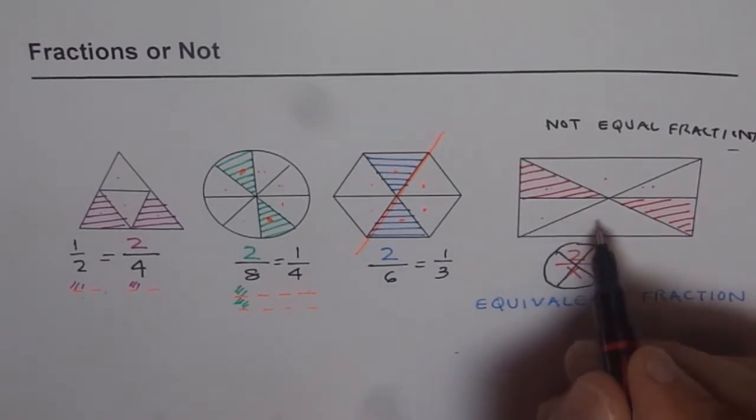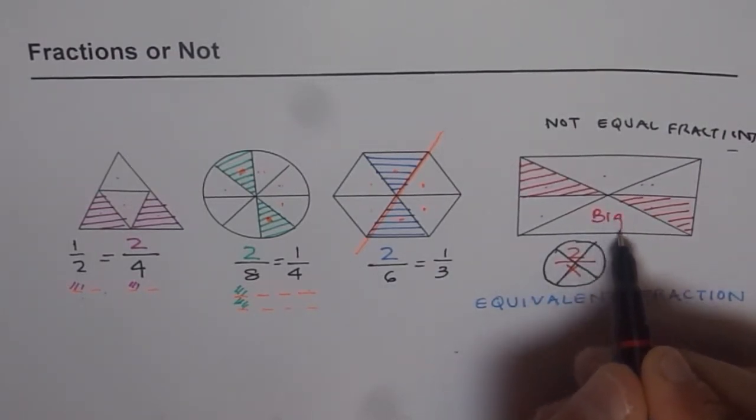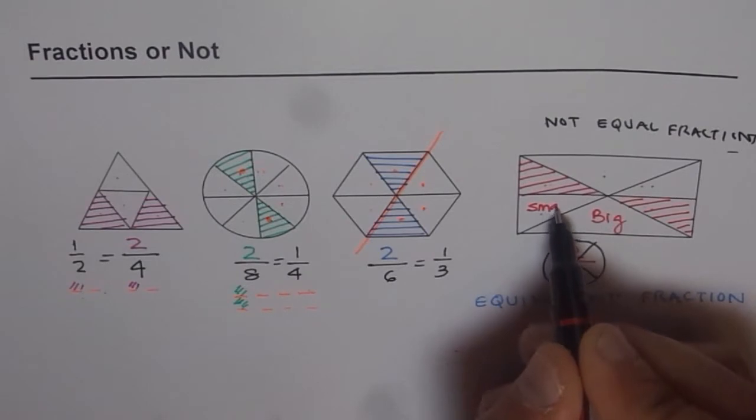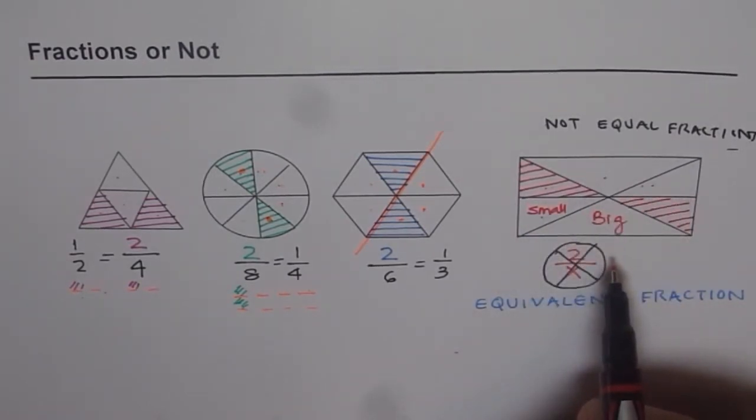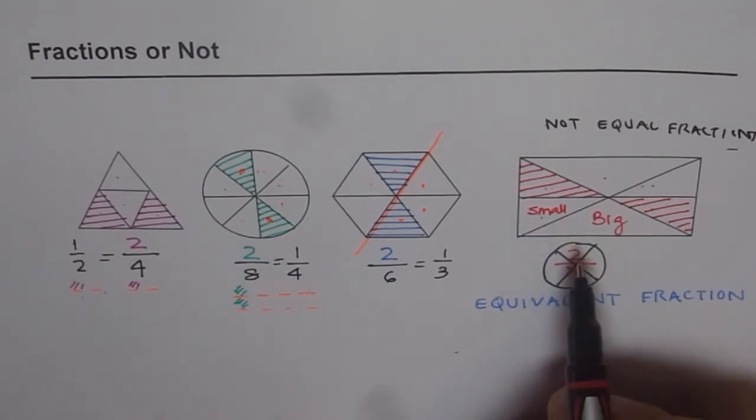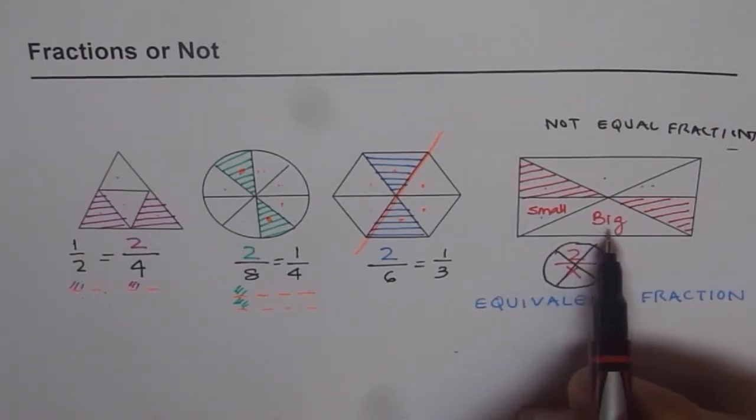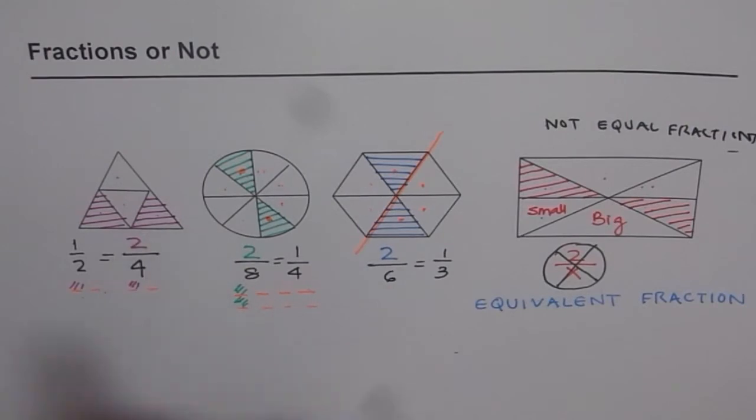In this case, this is bigger. Do you see that? And that is small. And therefore, we cannot consider that to be equal fractions, right? So that is not a valid answer. But these all parts are the same size, and therefore we can write them as fractions.